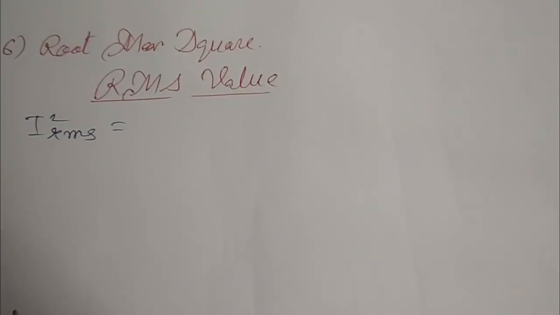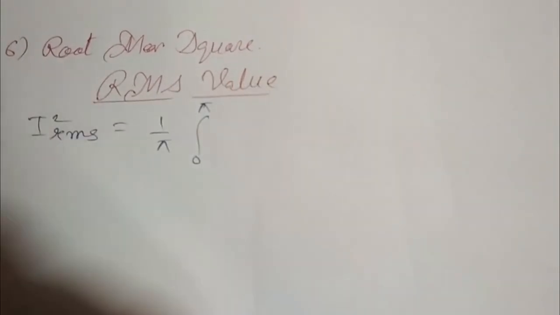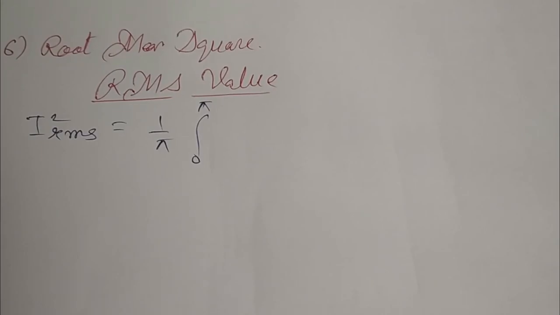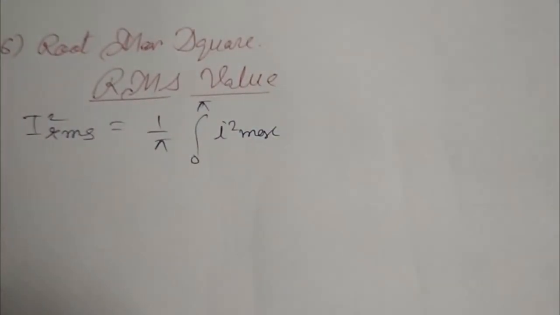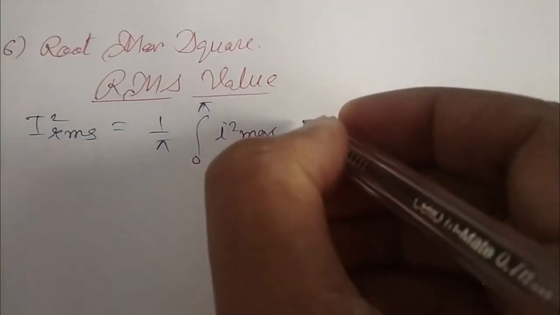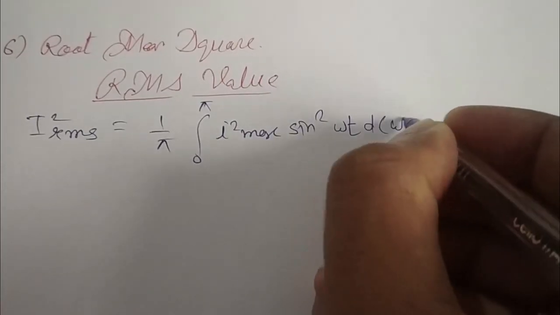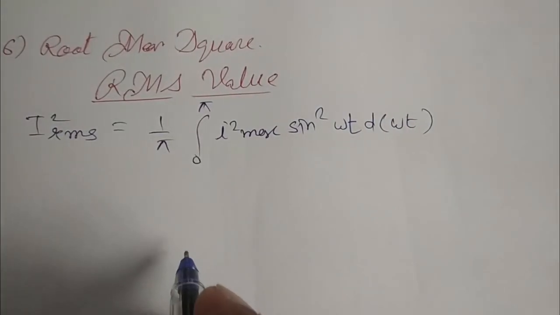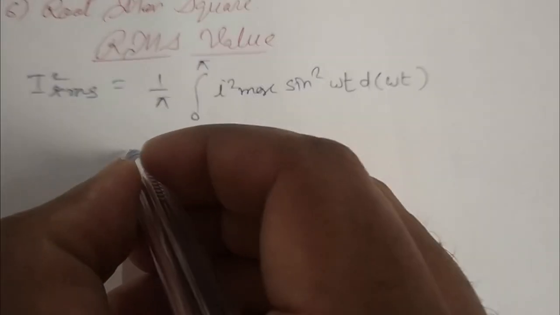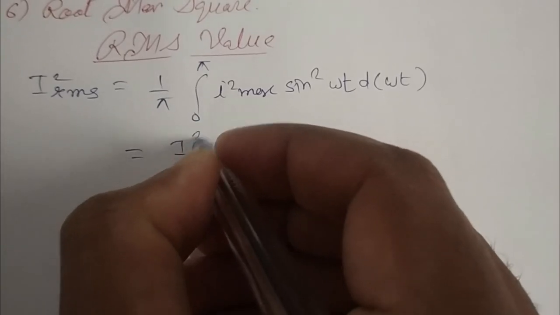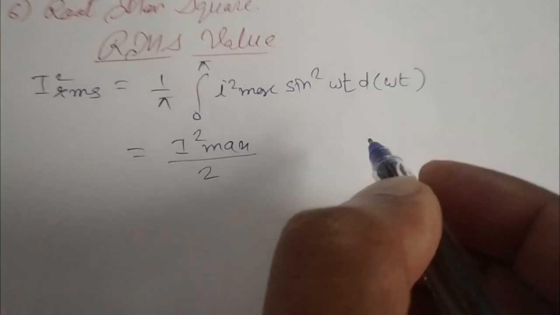So the right side we can write as 1 upon pi, limits from 0 to pi, Imax square sine square omega t d omega t. Now you have to solve this integration. After solving it, we will get Imax square divided by 2.